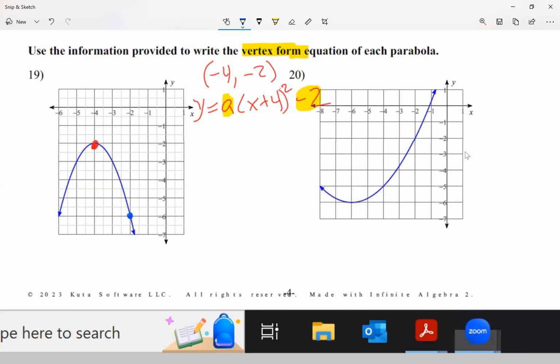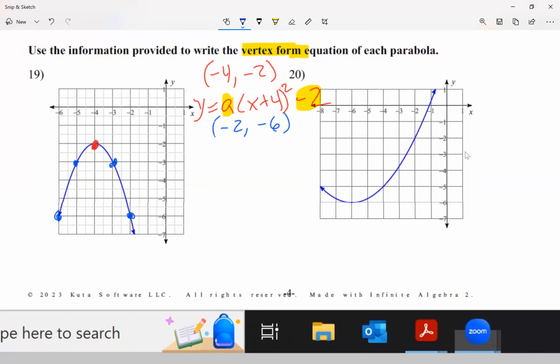I'm going to choose this point. I could have chosen (-3, -3), (-5, -3), or (-6, -6), right? Those are points that I could have chosen. It doesn't matter which one you choose. I'm going to choose the point (-2, -6).